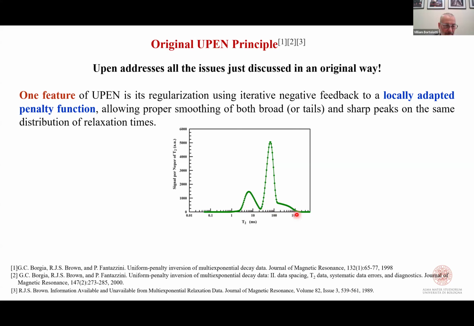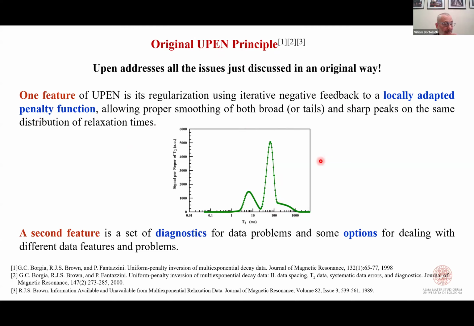OPEN sets a lambda at each point, so it is a locally adapted penalty function. This is a particular idea invented by Bob Brown, the person I introduced at the beginning, defining the OPEN principle.